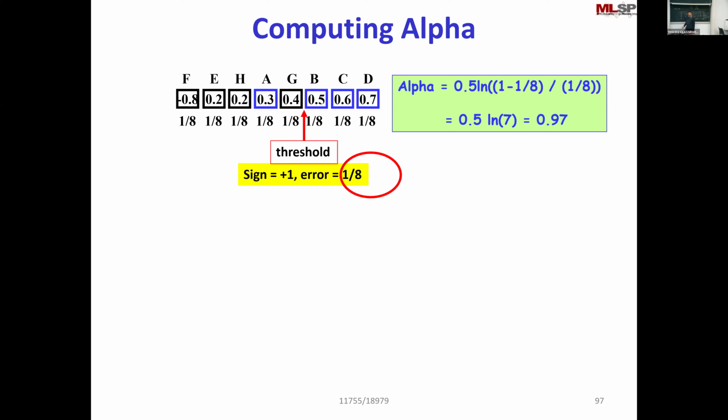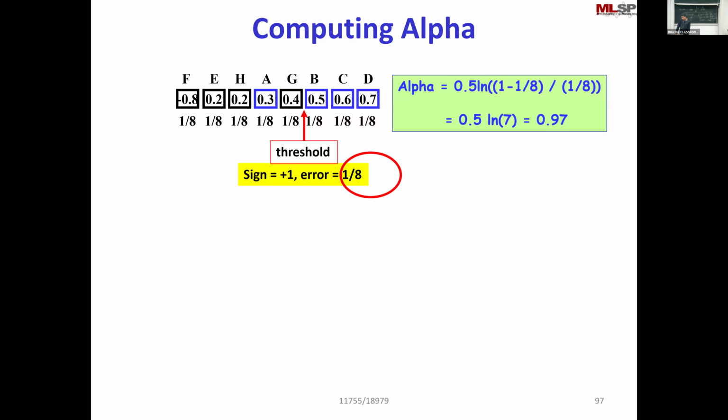For correctly classified instances, I want to make this maybe D times E, right? And for incorrectly classified instances, maybe it's D over 1 minus E, right? So something of this kind.